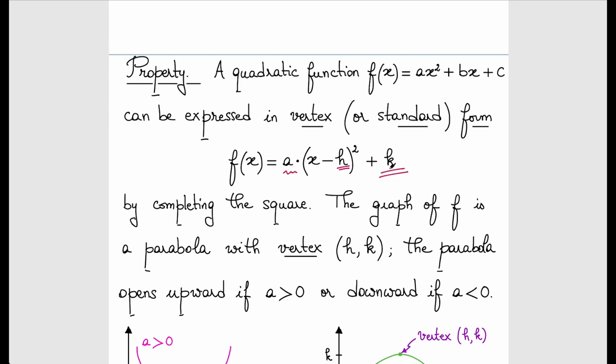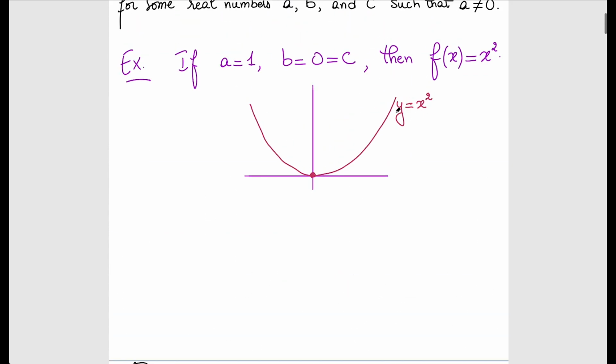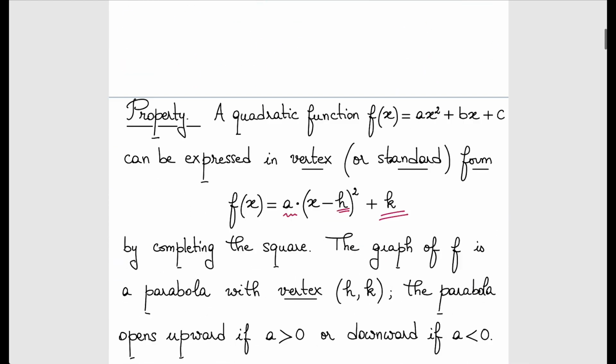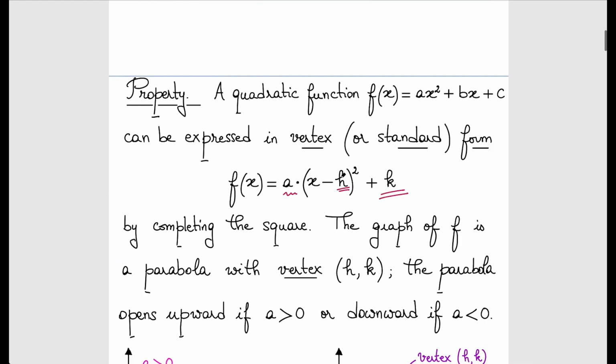If k is positive, you're shifting upward, and if k is negative, you're shifting downward. So if you ignore a for a second, this amounts to saying that you are shifting the parent function x squared horizontally in the amount h and vertically in the amount k, correct?